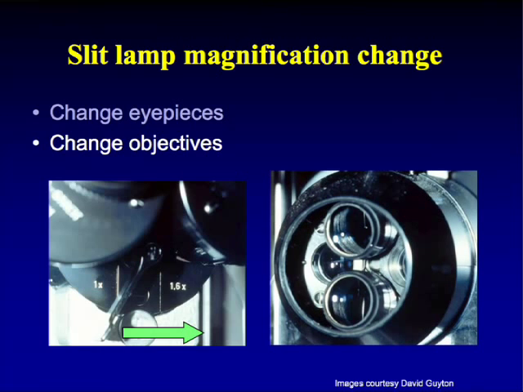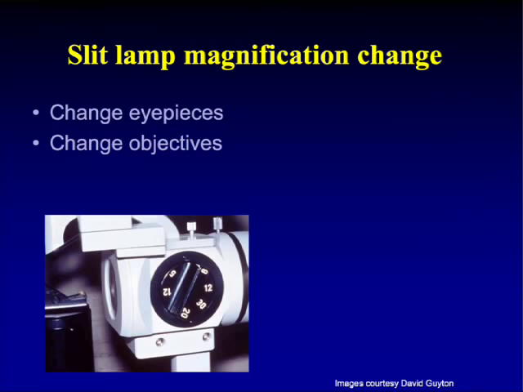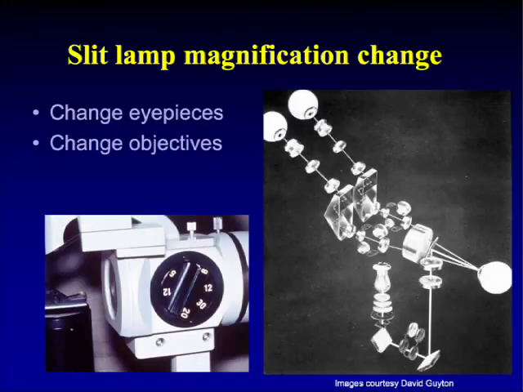The other style of slit lamp has an odd-looking magnification change, because you see it goes 5, 12, 20, 30, then 12 and 8. It seems a little like, why would they do that? It just doesn't make sense, and it's kind of annoying when you're flipping through. Well, the reason is it's actually an elegant solution to the problem, because in that circle, if you look at the diagram here, there are little Galilean telescopes.